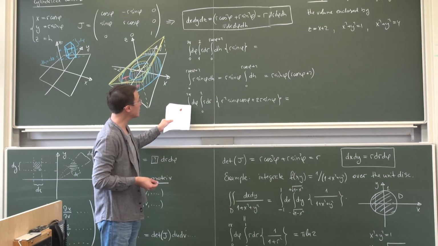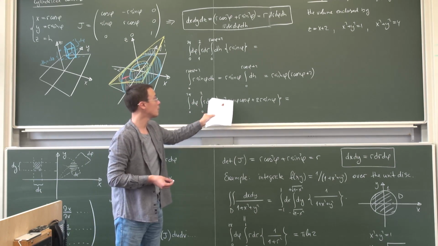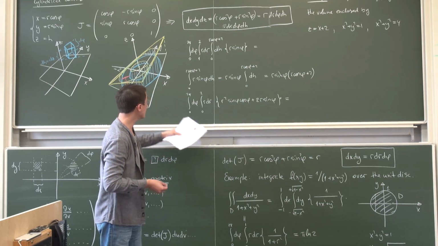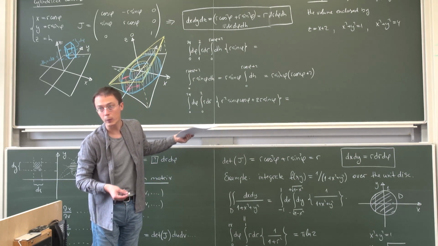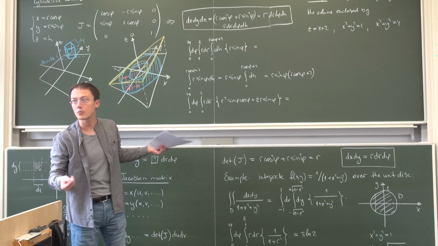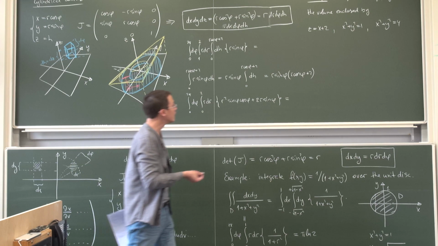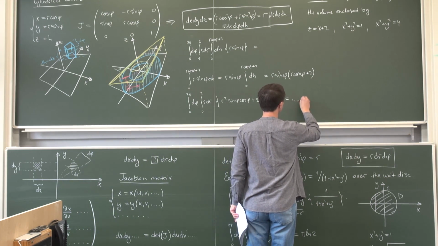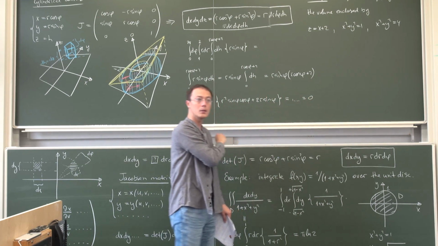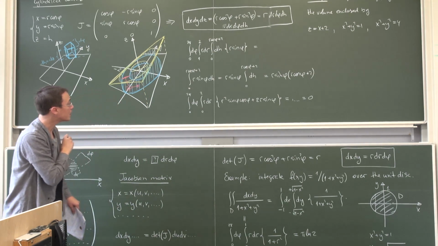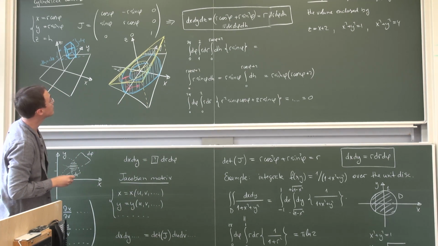So actually the angular integral here is 0 for both this and this. And so we don't even need to take the r integral. We could have taken it, but it would have just become 0 anyway once we've taken the phi integral. And so after a little bit of philosophy, we conclude that this is 0 because the angular part kills it.